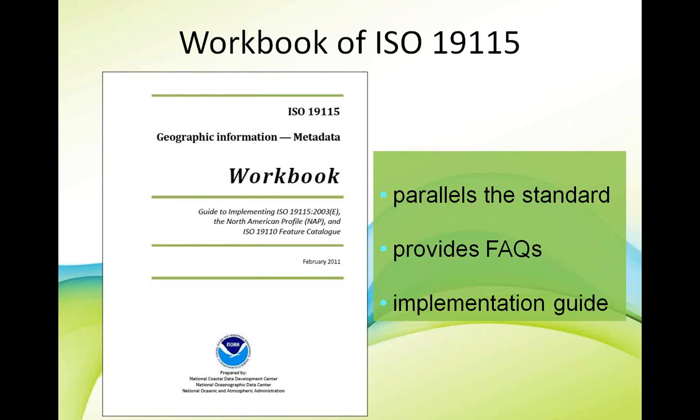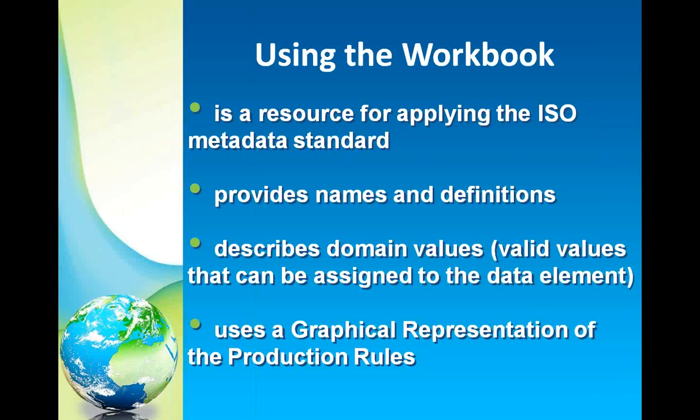And it's more of a guide to implementing the 19115 or the -2, and also the feature catalog. It parallels the standards. It provides frequently asked questions and a lot of examples, and it really acts as more of an implementation guide. Again, this is a resource for applying the ISO metadata standard. It provides names and definitions.